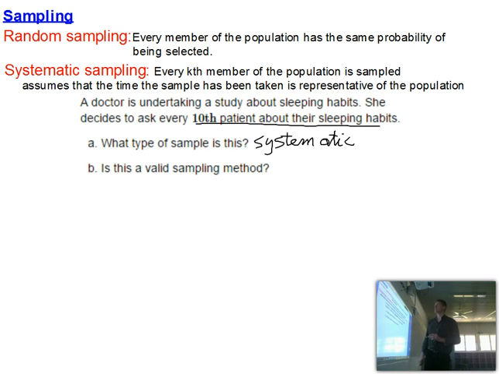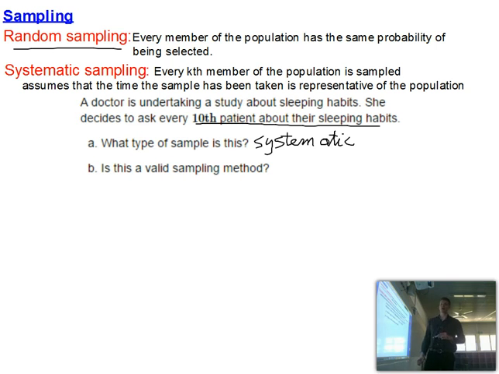However, not every sampled member will be equally likely as it is in random sampling. Because what happens if the doctor is only working during the morning hours of the hospital? So she's only observing every 10th patient that comes to see her during the morning hours, and exploring their sleeping habits.